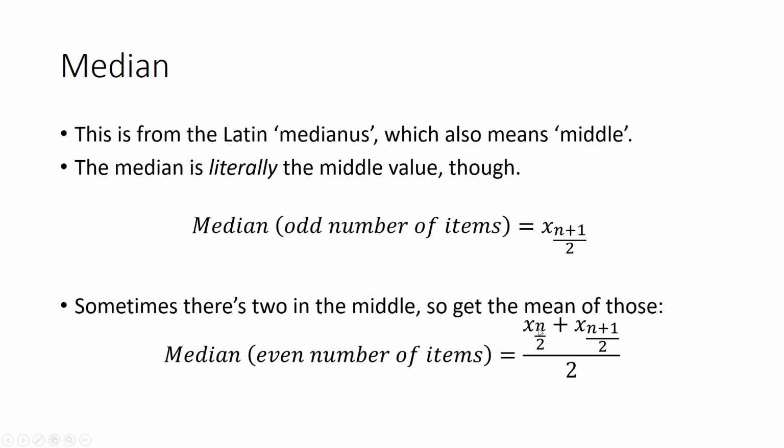That would be x of 4 over 2, which is x of 2, and x of 4 plus 1 over 2, which is 2.5. So that would be rounded up to 3, I guess. So between the second and the third person, add them both together, divide by 2, you get the average of those 2, and that's your median. So slightly more involved if there's an even number of items.